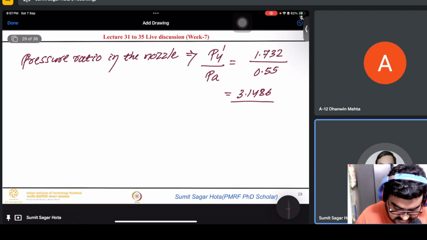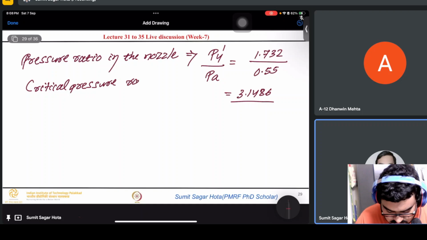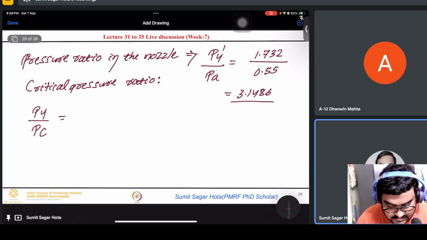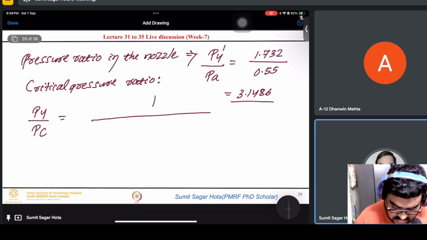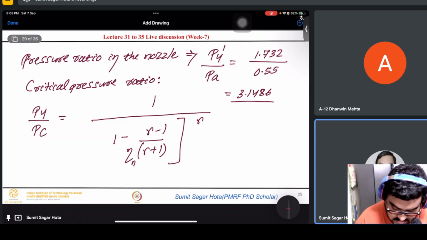So what is the critical pressure ratio? P4 by PC is one divided by 1 minus (gamma minus 1 divided by gamma plus 1) eta of n, to the power gamma by gamma minus 1.